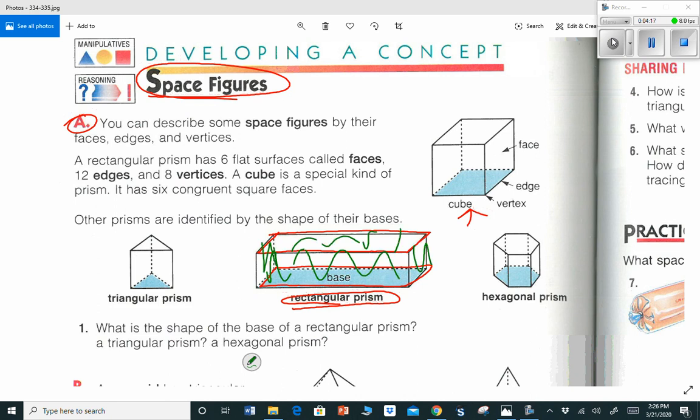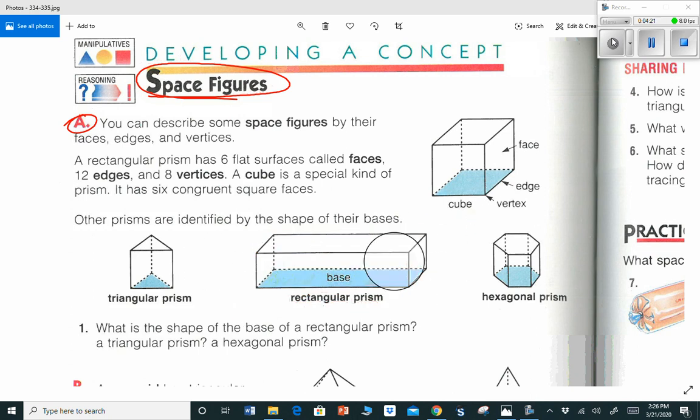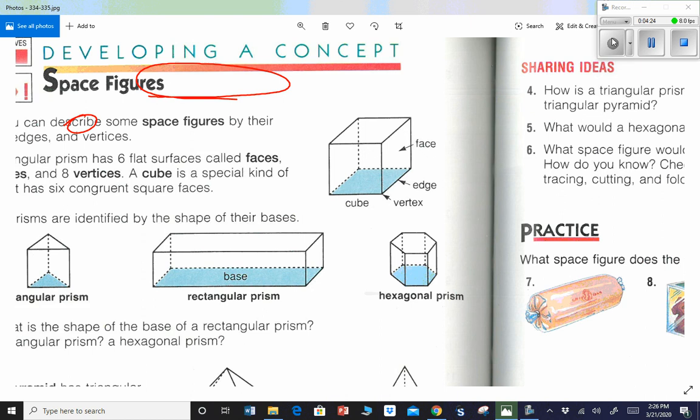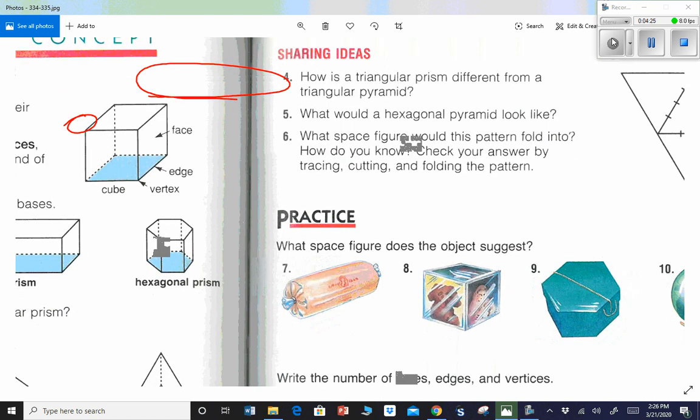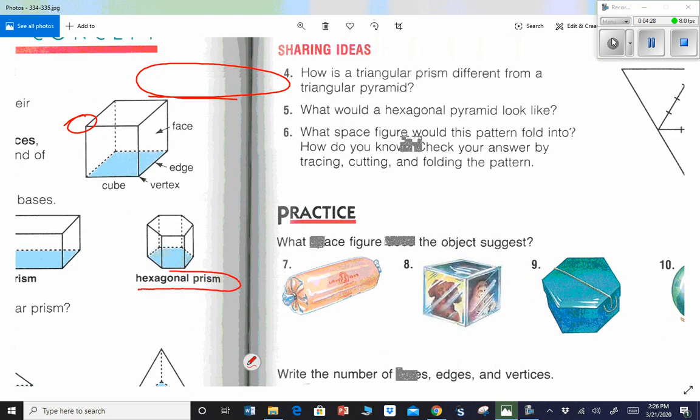Okay, so that's another example of a different kind of prism. This one is a hexagonal prism because the base has 6 sides. The top also has those same 6 sides, and then they're all joined by these rectangles, another kind of prism.